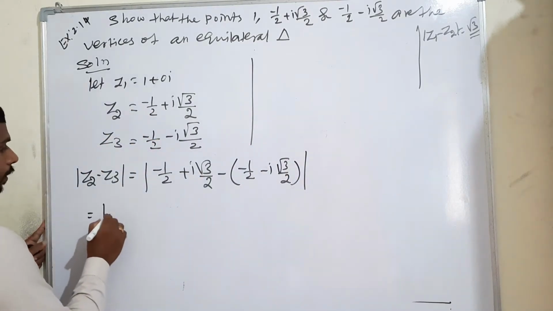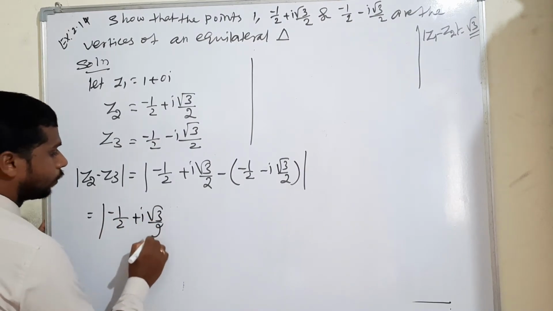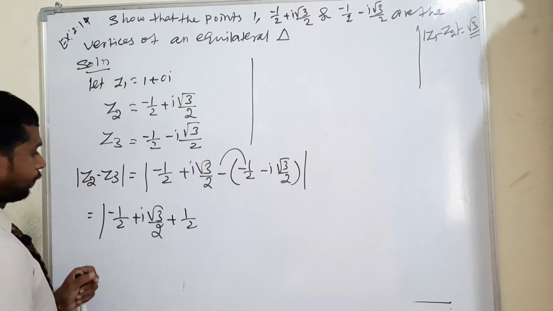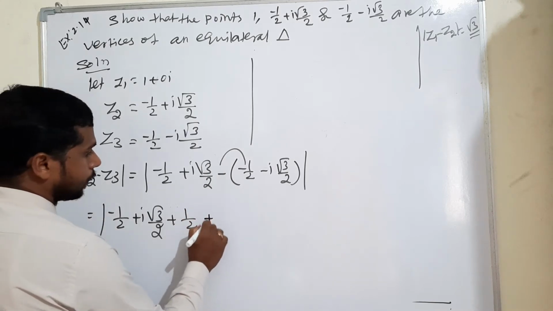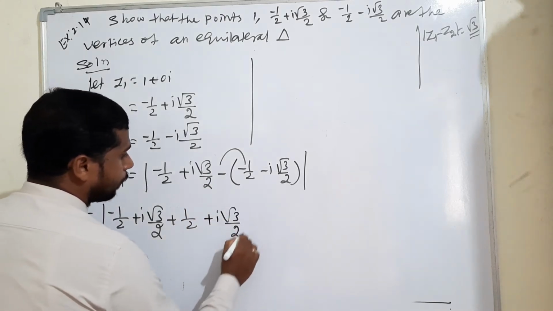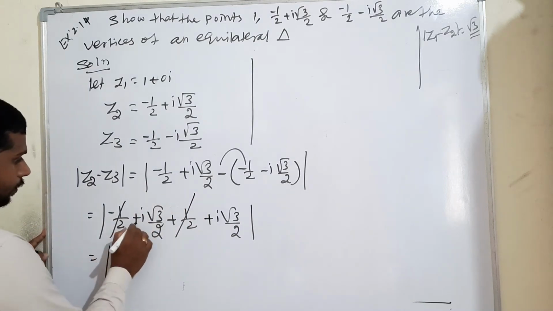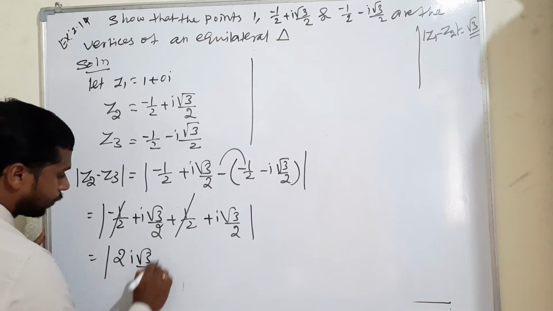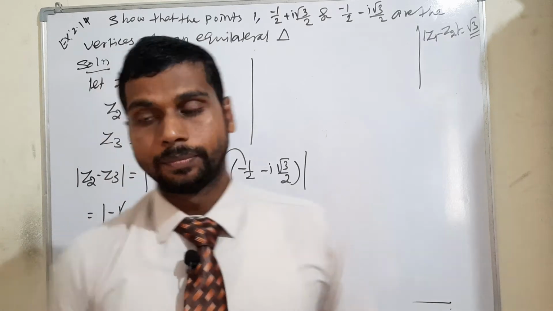Minus into minus gives plus 1 by 2, then minus 1 by 2 plus 1 by 2 cancel. Again minus into minus gives plus i root 3 by 2. So i root 3 by 2 plus i root 3 by 2 gives 2i root 3 by 2. The 2 cancels.